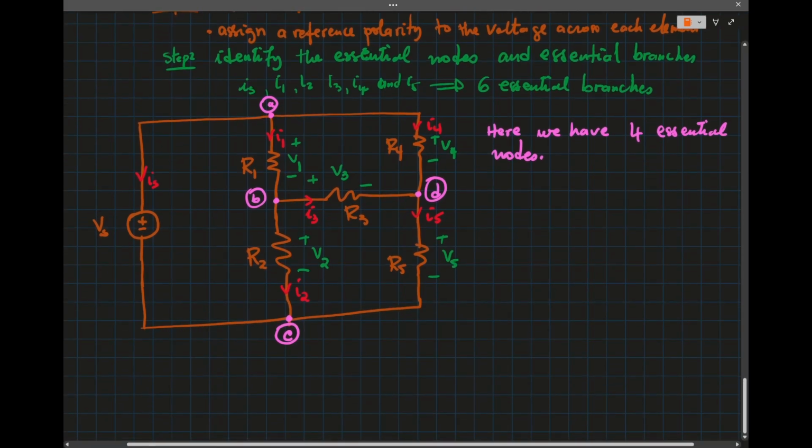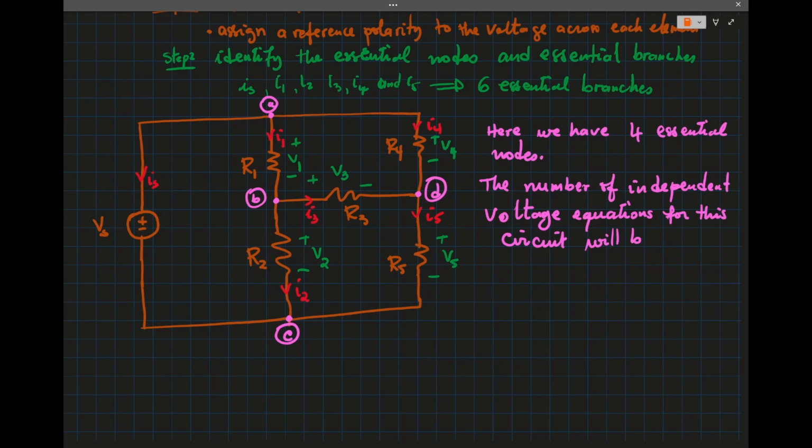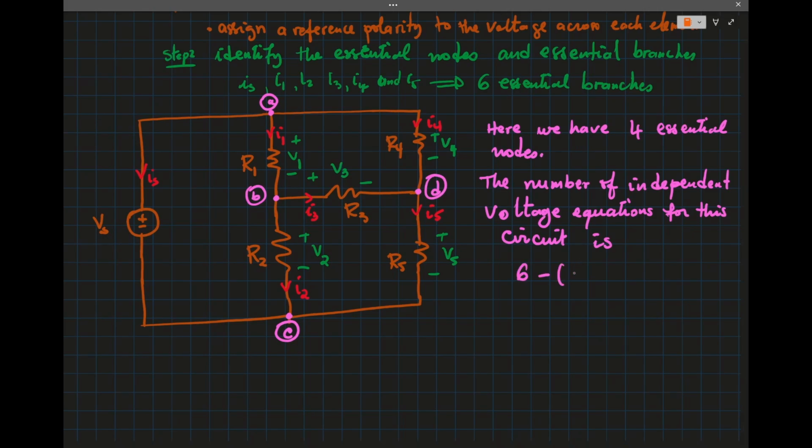So the number of independent voltage equations for the circuit is the number of branches, which is 6, minus the number of essential nodes, which is 4, minus 1.